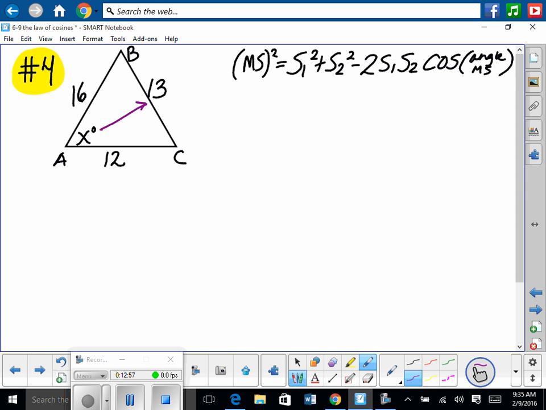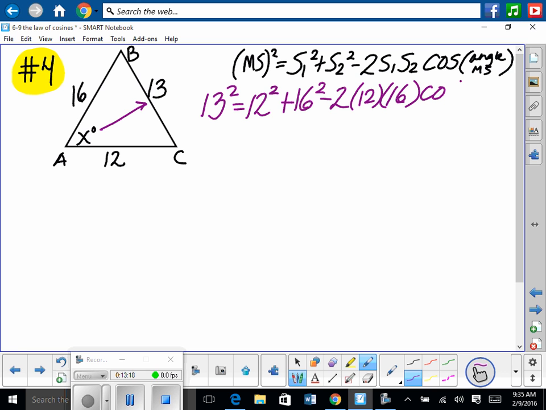Okay, so we're going to put 13 squared first. So we're plugging in what we know. So 13 squared is equal to side 1 squared, so one of the other sides squared, 12 squared, plus side 2 squared, which is 16 squared, minus 2 times 12 times 16 times that. Then cosine of the missing angle. So cosine of angle X.